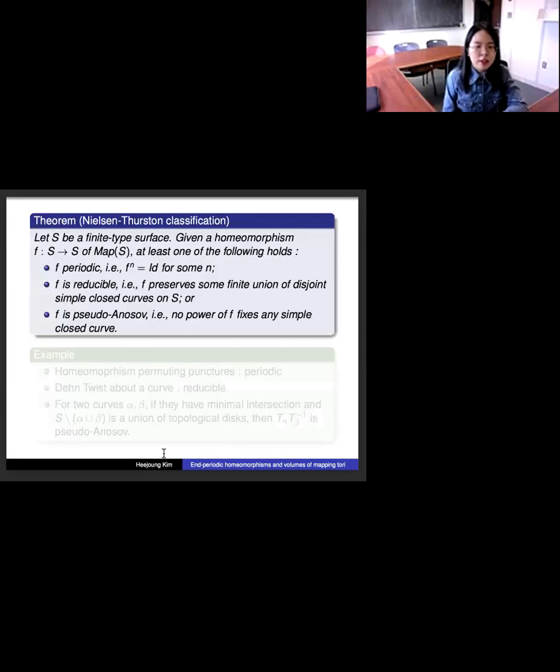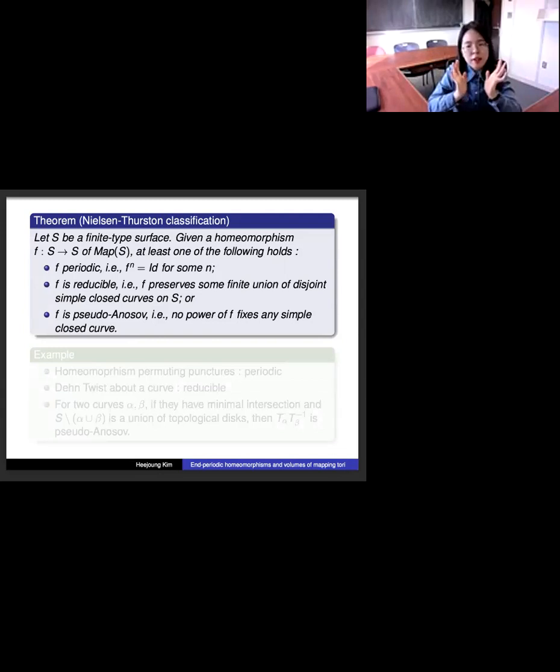Okay, and then for a finite type surface, there is the Nielsen-Thurston classification of elements of the mapping class group. So here is the theorem. Given a homeomorphism F, at least one of the following holds.